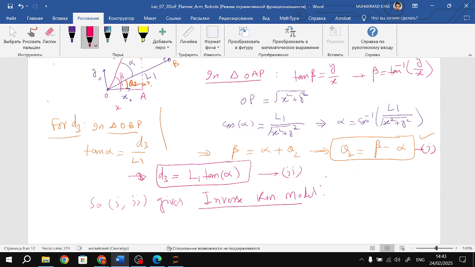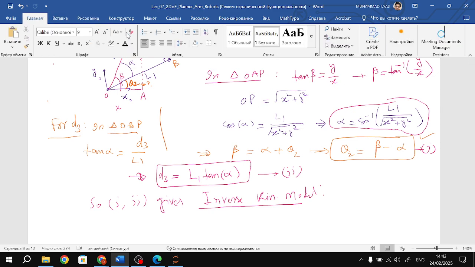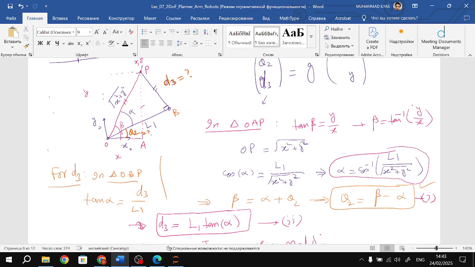Why? Because in theta 2 we know alpha in terms of what? This one. Because we can calculate alpha using L1, x and y. No problem. We can calculate beta using the y axis and x axis position, we can calculate beta from here, and then we can calculate theta 2.